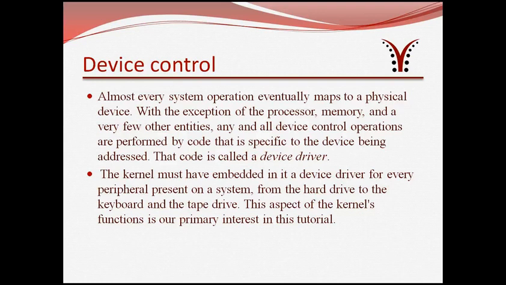What does this mean? It means in Linux every physical device is controlled by specific code called device drivers. The kernel must have embedded in it a device driver for every peripheral present on the system, from the hard disk drive to the keyboard and the tape drive. This aspect of kernel functions is our primary interest in this tutorial.